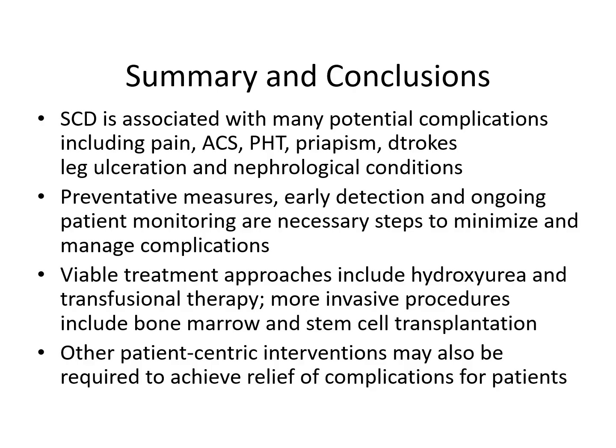Viable treatment approaches include hydroxyurea, transfusion therapy, and bone marrow and stem cell transplantation. Other patient centric interventions may also be required to achieve relief of complications for patients, and the future is bright as we have many new therapeutic modalities that are ongoing.